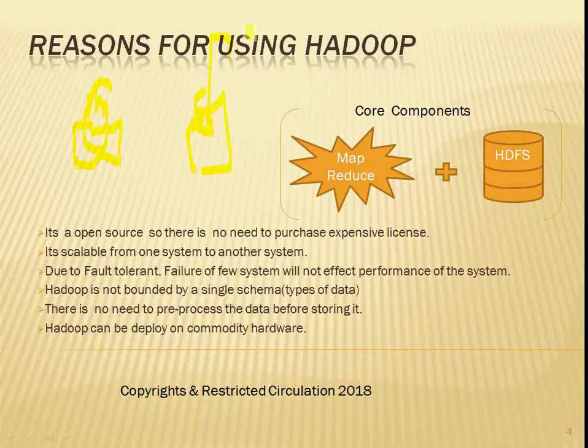But the best part is that all the slaves you deploy for your Hadoop cluster are generally deployed on commodity hardware, due to which the overall cost of your slave system would be cheap. So this is the meaning of your last statement. All the nodes deployed as slaves generally run on commodity hardware, so the overall cost of your system would be cheap. Fine. Okay, let's move on to the next slide.